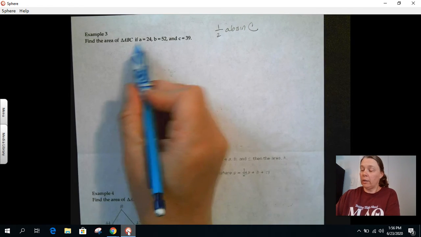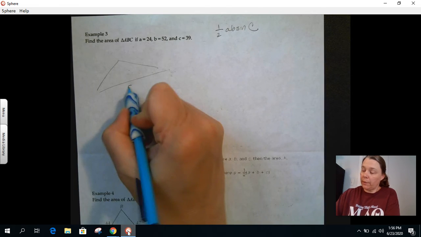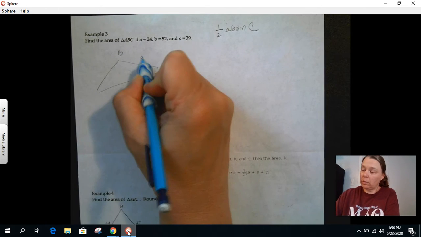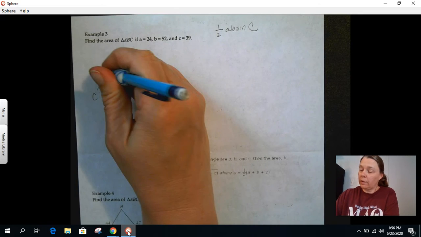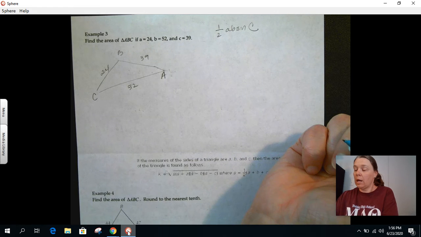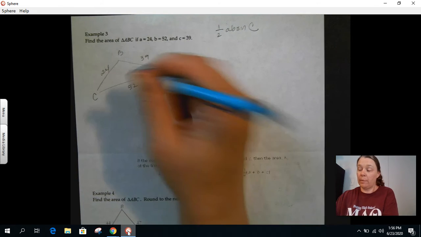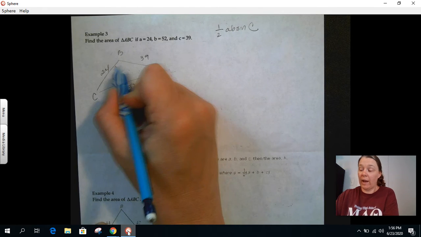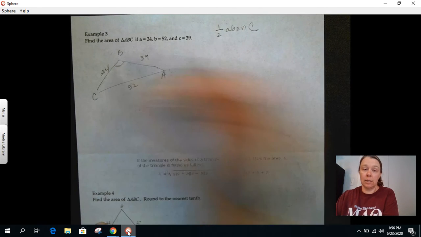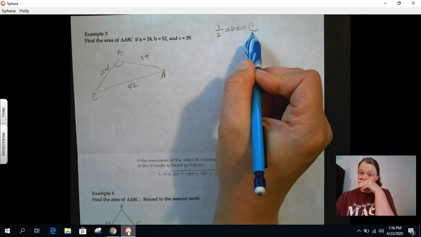So if I draw this out, I know if I use the law of cosines to find an angle, I have to find the biggest one. I could find out what this angle B is using the law of cosines, and then plug into this rule.